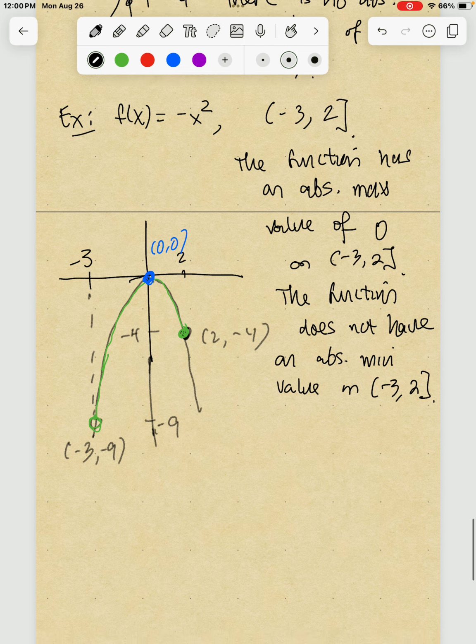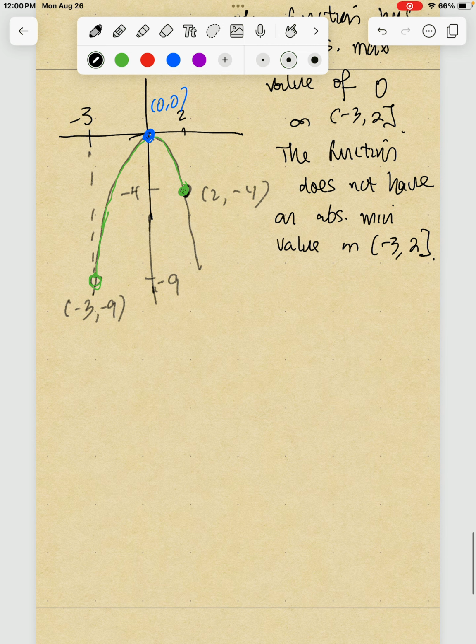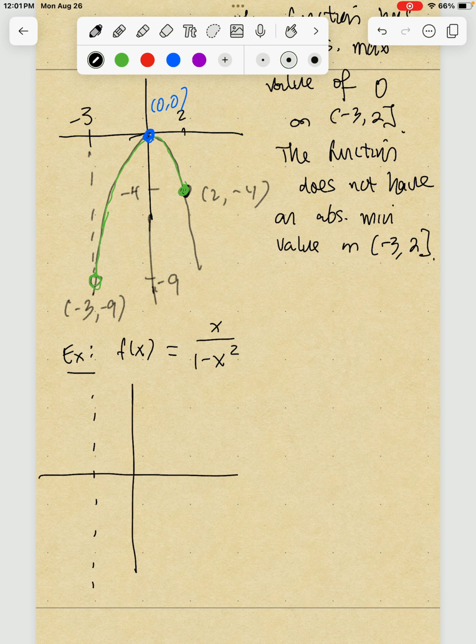Let's look at some more examples to see what things can happen. So let's say I had this function f of x equals x over 1 minus x squared. Well, let's just look at it from negative 1 to 1. There's a vertical asymptote.